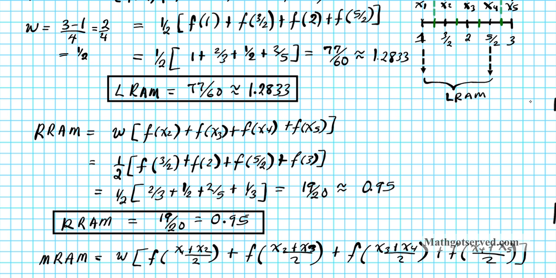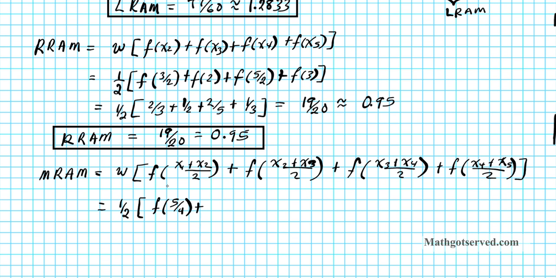Half of that is 7 over 4. So there's basically a pattern. If you notice, you just have the odd numbers in the numerator, and then you have 4 in the denominator. So that pattern basically continues. For the next one, we have f of 9 over 4, and then for the last one, you have f of 11 over 4.